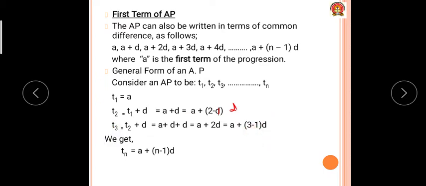Now on this basis we can find the formula of Tn, that is A plus. For the third term, we found (3 minus 1)D. For the second term, we found (2 minus 1)D. So for the nth term we find A plus (n minus 1)D. Finished. So with this logic we got the formula for Tn.